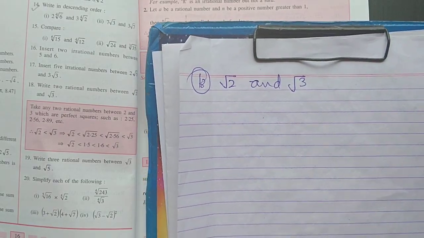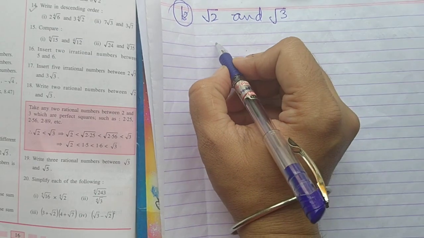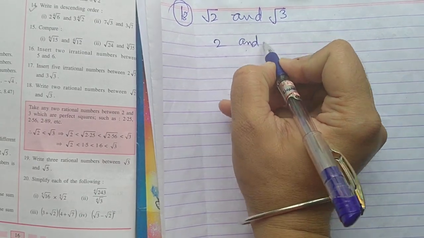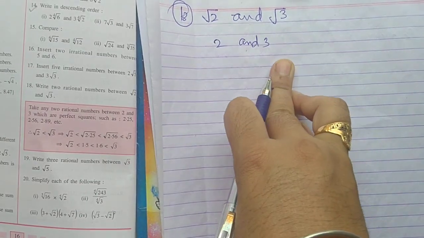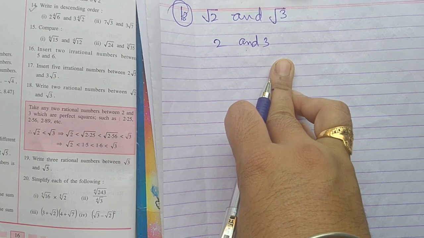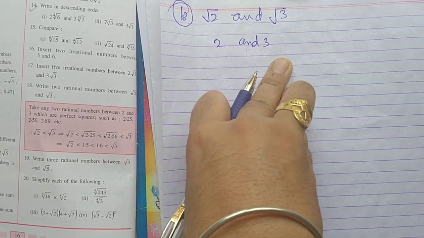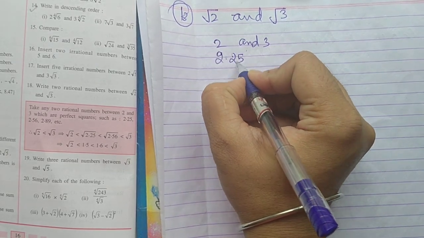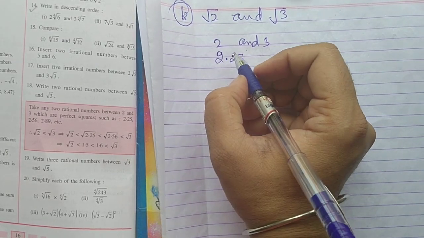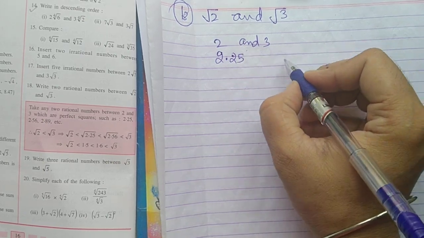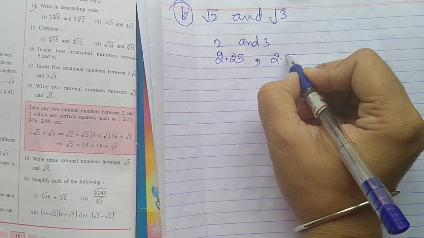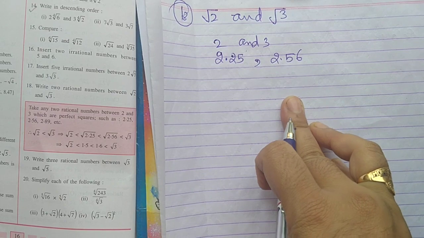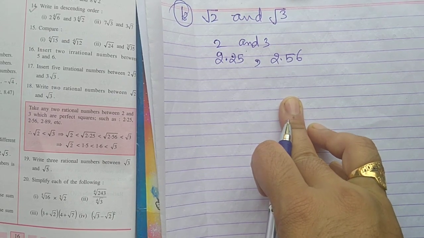So first of all we will take rational numbers 2 and 3. We will consider two numbers that are perfect squares. Perfect square means 2.25, its square root is 1.5, and another number is 2.56, its square root is 1.6.